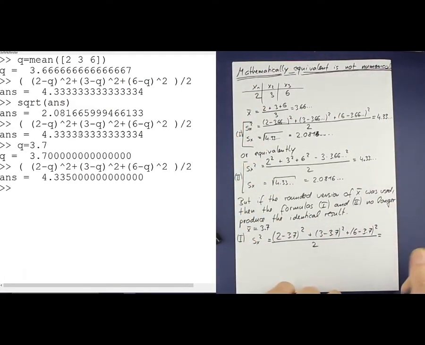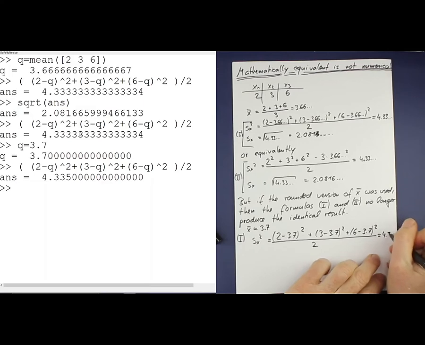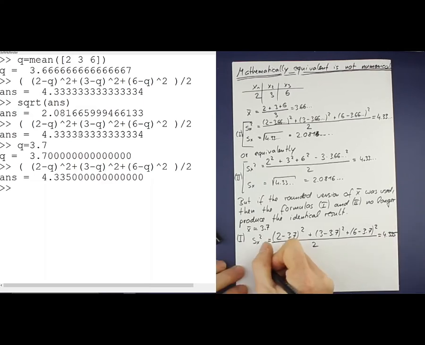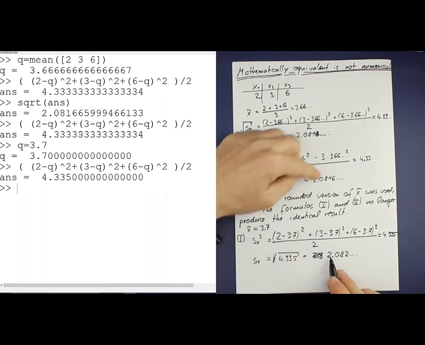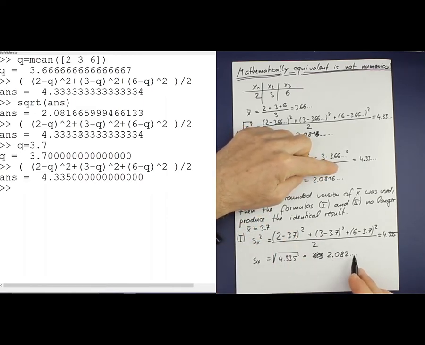This time the result here is 4.335. And then the standard deviation is the square root, and we get 2.082 something. Not exactly the same result as above, but close to that value.